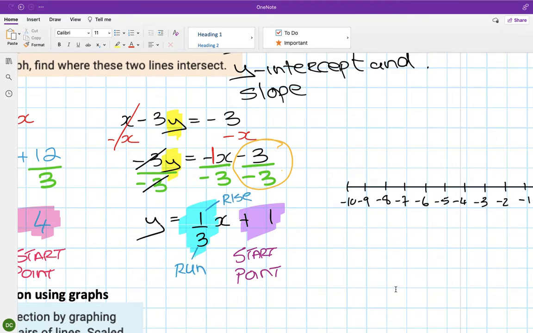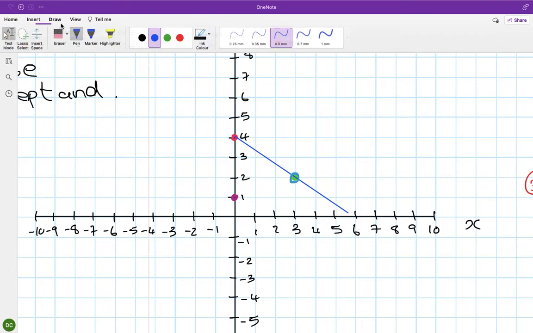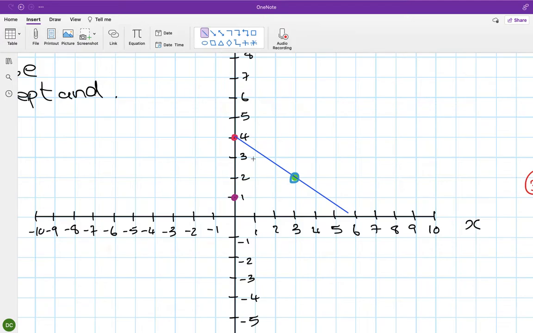I'm going to run first, so 3 to the right and up 1. And again, I'll put the dots in. So 1, 2, 3, and up 1 brings me to there. Okay. And I'm going to put in my line here.